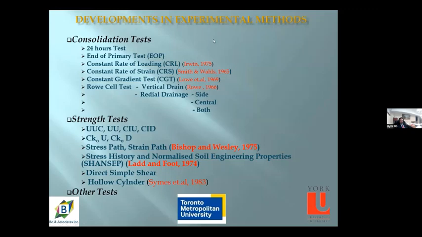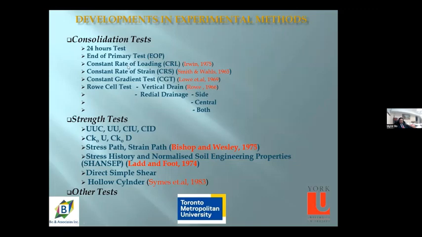On experimental laboratory test methods, earlier we used the 24-hour consolidation test for 1 step of the consolidation. Then geotechnical engineers realized this 24-hour loading includes secondary compression. So in order to eliminate that, primary consolidation tests were developed.